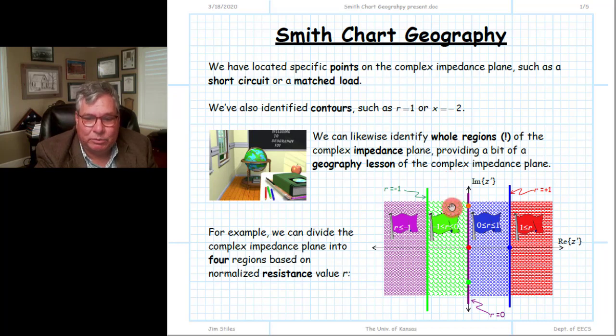And of course then if we move downward, likewise all four of these regions will extend downward to infinity to include impedances whose reactance approaches minus infinity. On the right side, the red region here, likewise, will be infinite as we move to the right.